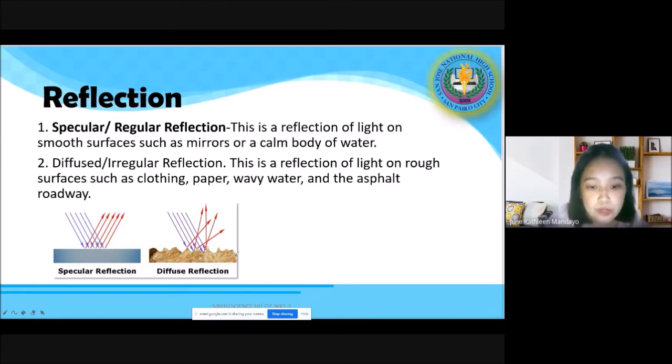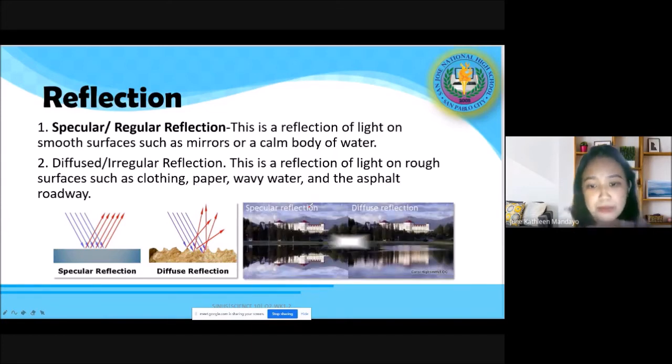However, if you have diffuse reflection on rough surfaces, again, given a single source of light, the reflected light seems to scatter. Kasi gawa ng mga rough surface na yun, dapat kasi ma-follow niya yung equal angle. So, ang mangyayari, kung saan-saan napunta yung ating reflected light. And it has a very good application, di ba, in our daily living.